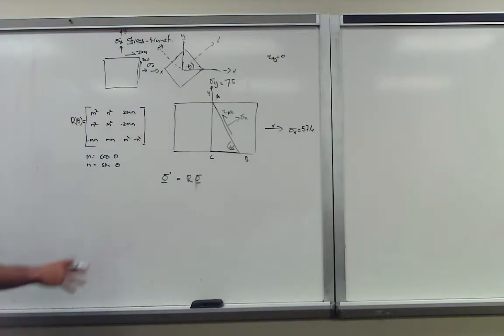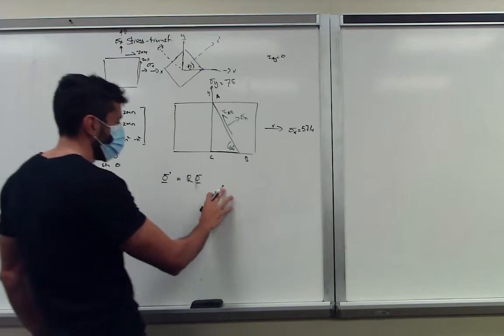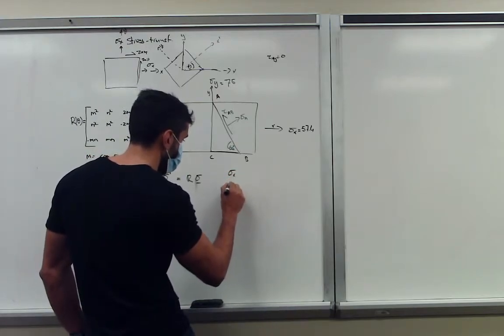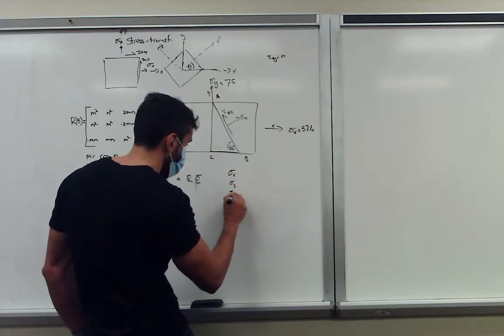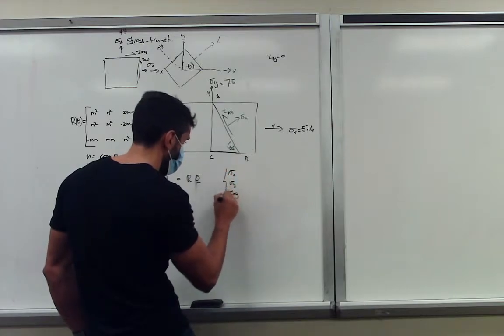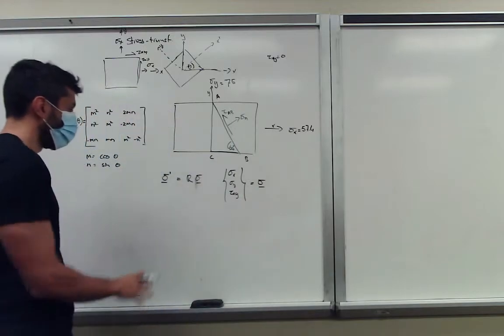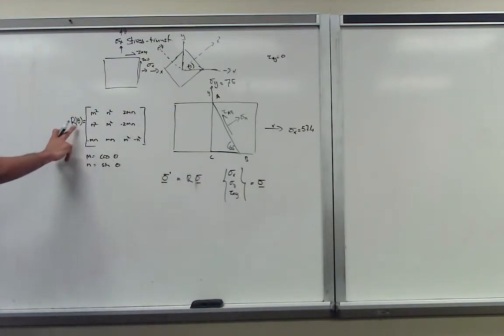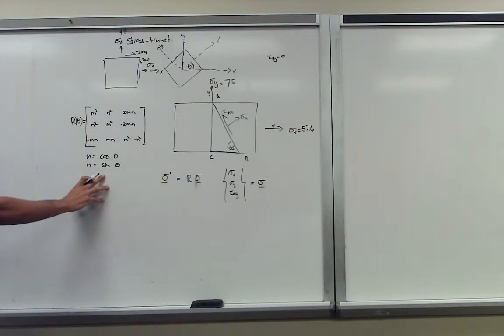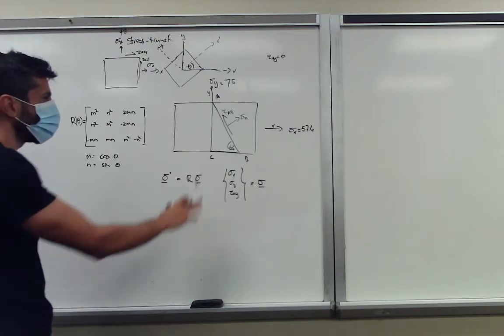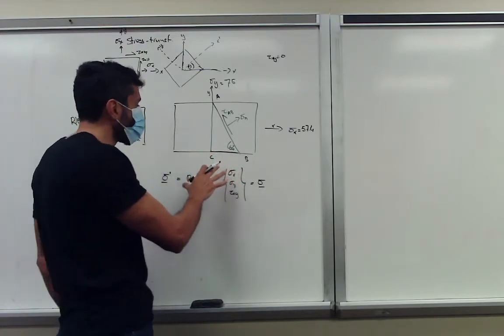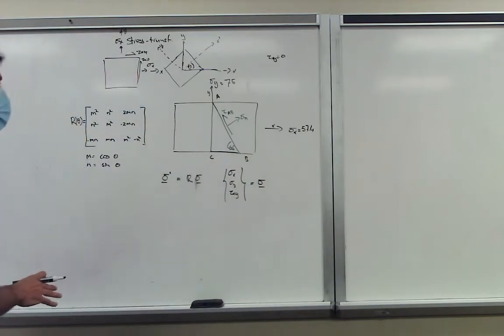So the stress vector is our sigma x, sigma y, and tau xy. R is our rotation matrix, a function of theta. So we basically plug in theta. And the question is, okay, well, which theta do we need? That was one of the questions we had previously.